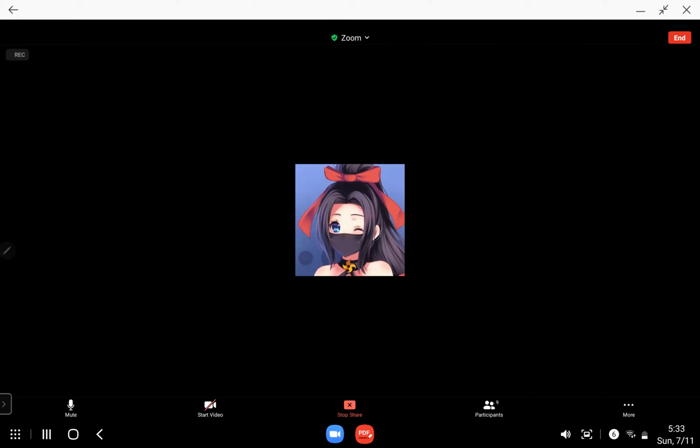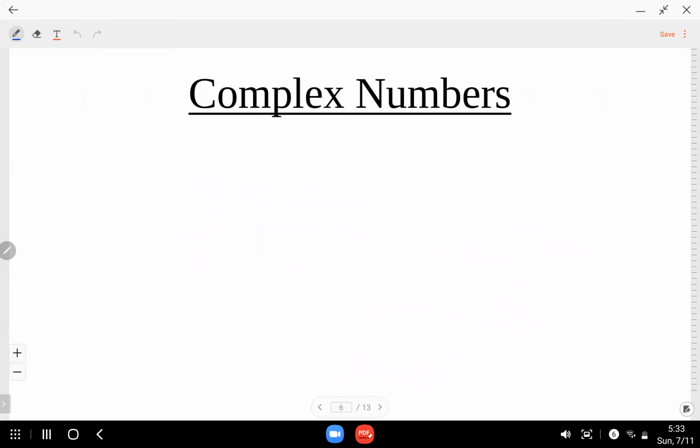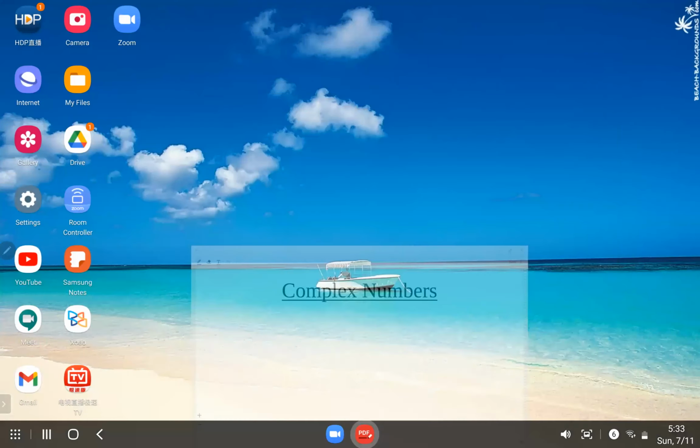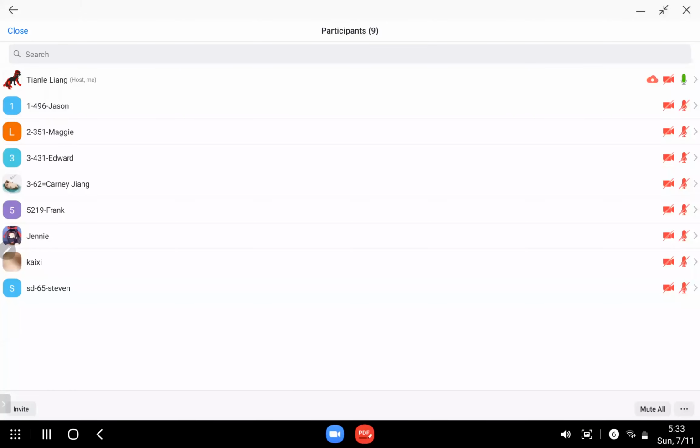Are there any questions about this problem before I move on? I don't think we'll be able to do any word problems. I still have one, but we're running out of time. If you have any questions, say yes. If you don't have any questions, say no. Okay, no questions.